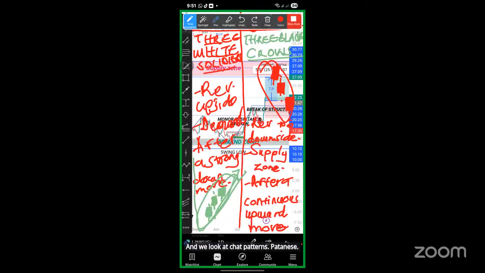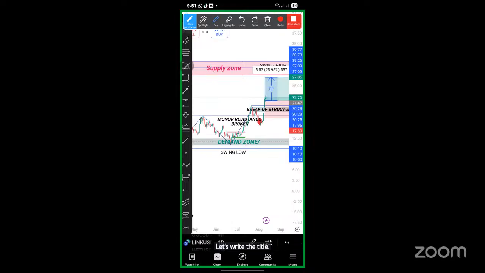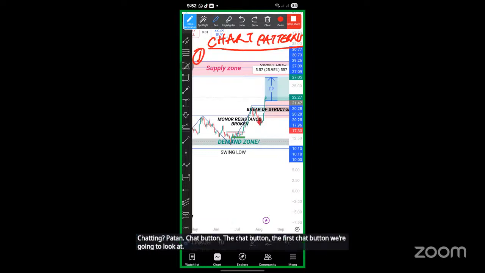As simple as that. The first chart pattern we're going to look at is the double bottom.